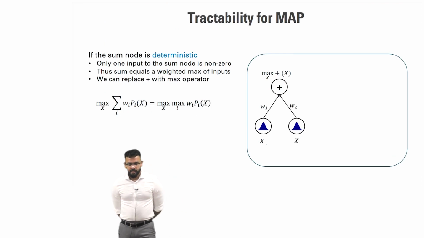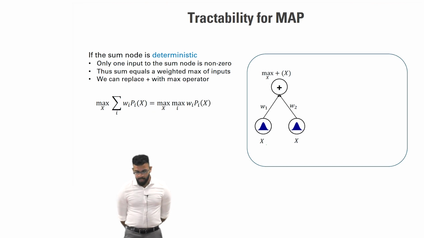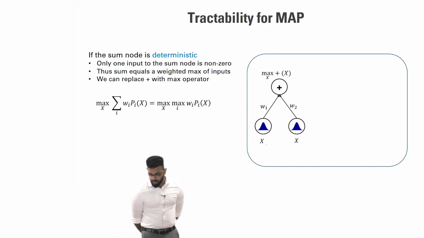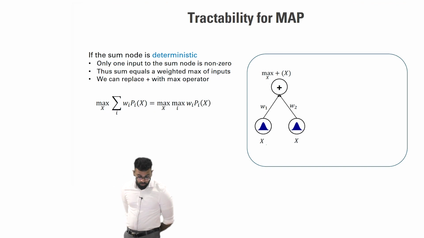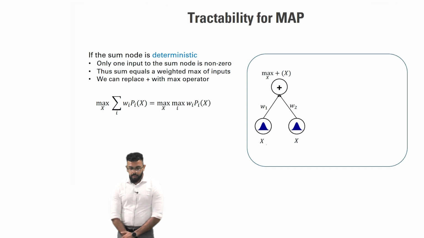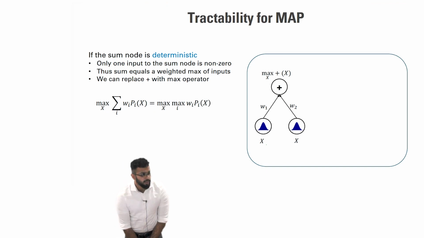Okay. So how does MAP become tractable when you have determinism? Let's look at the operator that we're using. When you have a deterministic sum node and we are interested in doing MAP, what are we doing? We are taking a max operator over its output. Now we know that if you have a deterministic sum node, only one of its inputs would be non-zero.